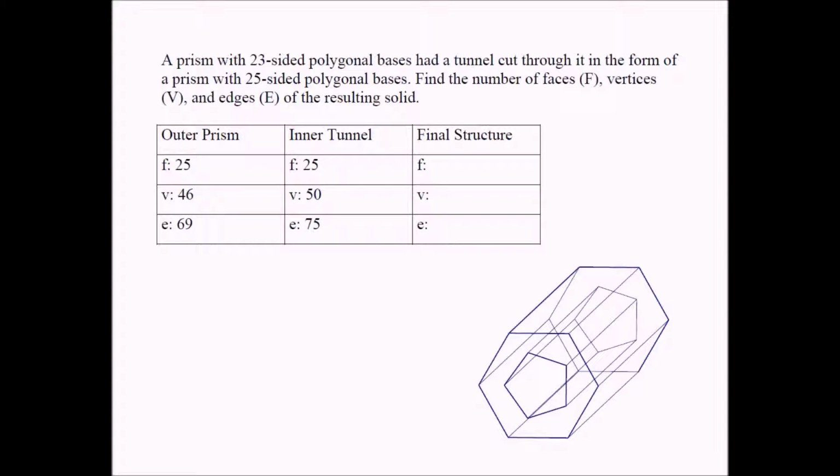My final structure, comprised of both the inner tunnel and the outer prism, is not a prism anymore with the hole, but I think you understand what I'm trying to say. The final structure will have how many faces? Well, 25 plus 25, I'm going to write 50.